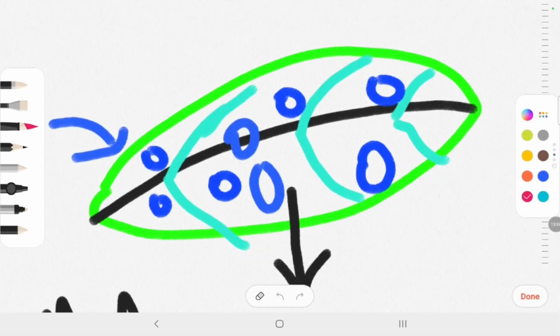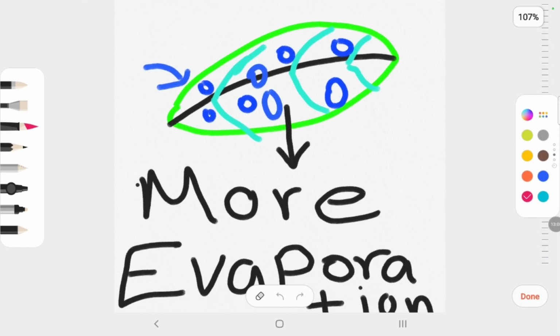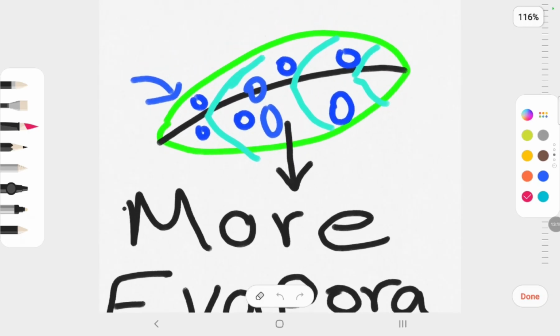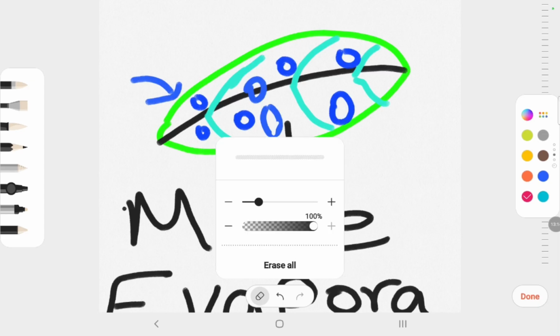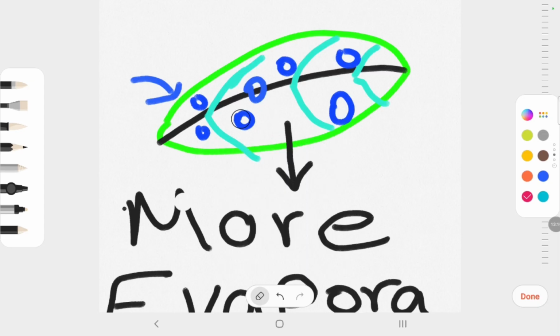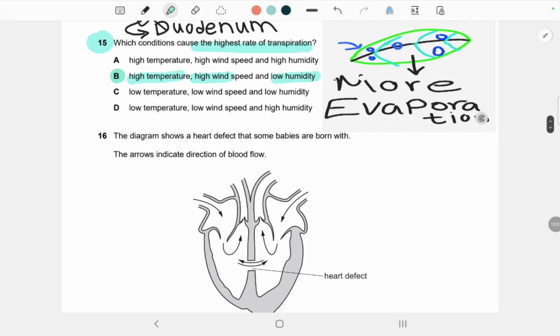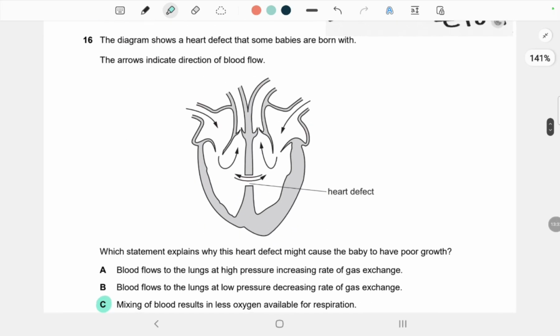If little water molecules are present on the surface, they block others. So when they are not present, this gives a gate for more water molecules on the surface of the leaf to evaporate, because nothing is blocking these water vapor molecules from evaporating from the surface of the leaf. I hope you understood it and grasped the idea.